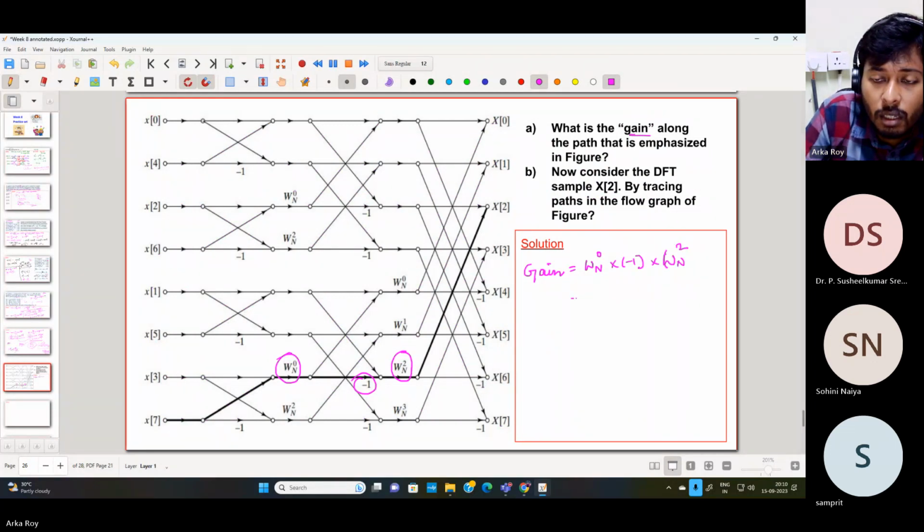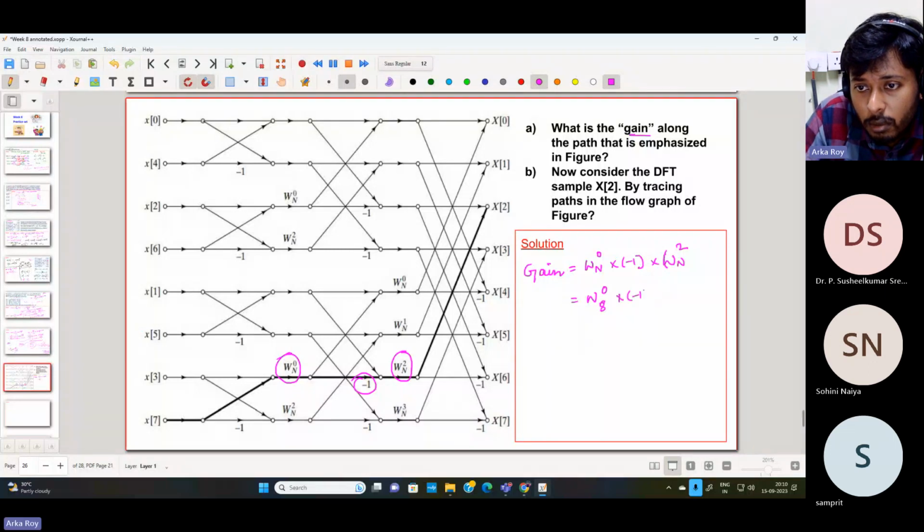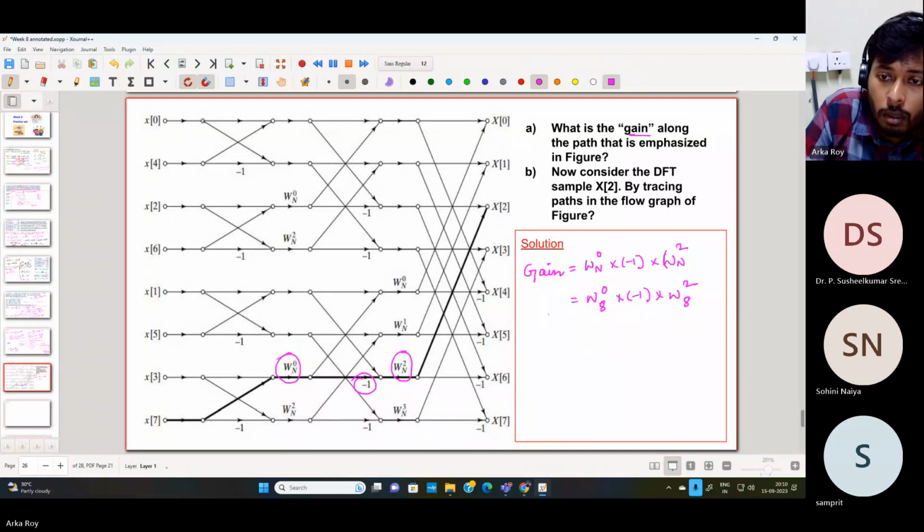Effectively, this is an 8-point sequence, so I can write it as W80 into -1 into W82. W80 is nothing but 1. So 1 into 1 is -1.